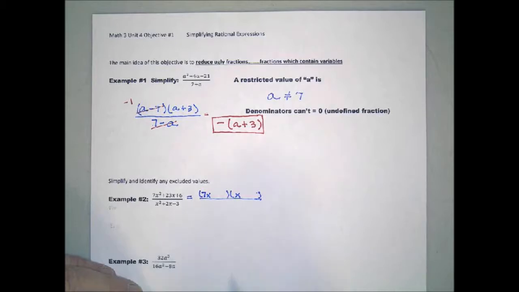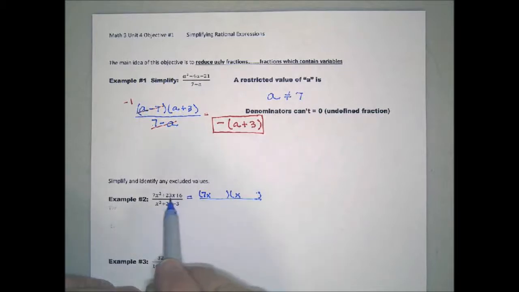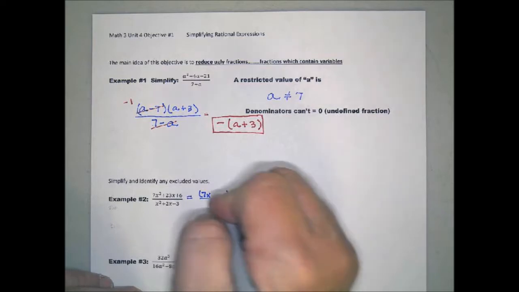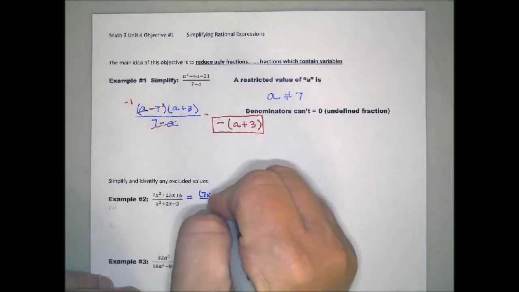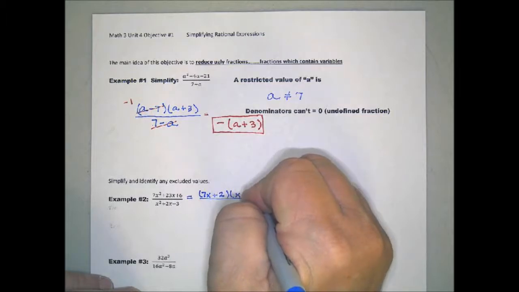So if you started your FOIL, 7x times x is definitely 7x squared. But now, at the end of the FOIL, we've got to figure out what are the factors that create a 6 right here, but they would also create a positive 23 right there. And when you go through all the possibilities, you wind up with 7x plus 2 and x plus 3.